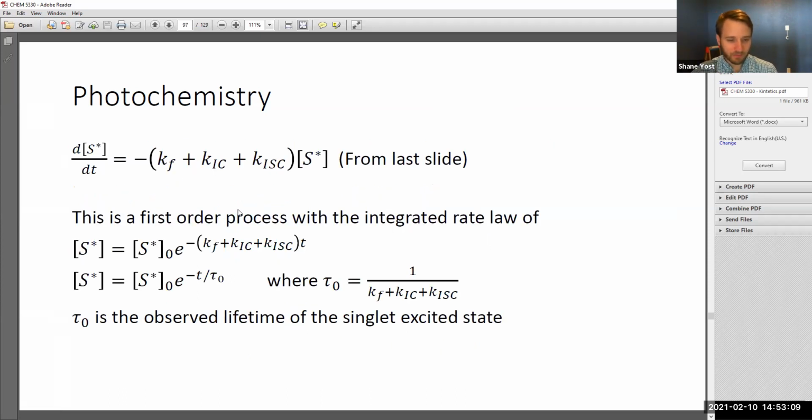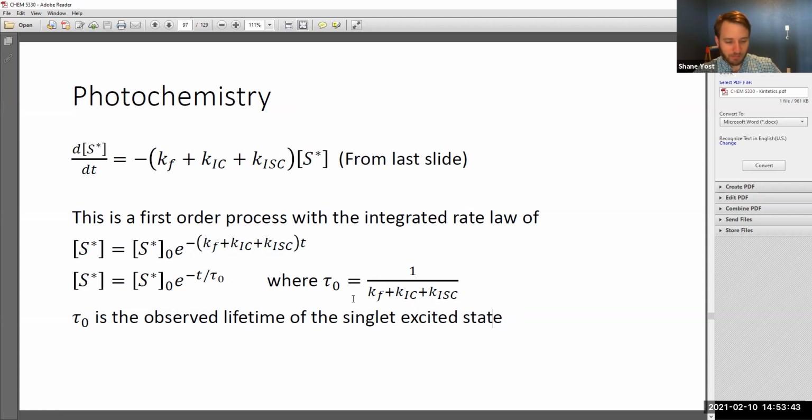And then that just forms our typical integrated rate law for first order kinetics, which we'll also rewrite in this form, where instead of using these rate constants, we'll use a term called tau naught, the lifetime of that singlet excited state, which by definition for this molecule is 1 over (kf + kISC + kIC).